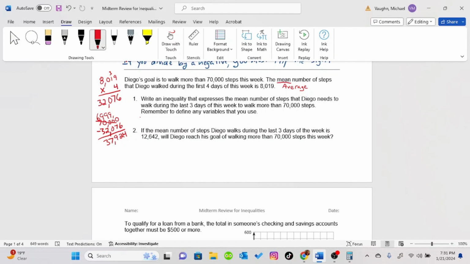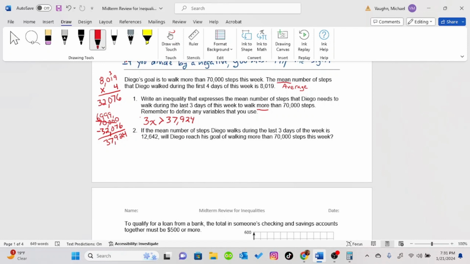So we're going to take 3 times x, and that needs to be greater than, because we want more than the 70,000, and it's going to take 37,924 more steps to equal the 70,000 total.